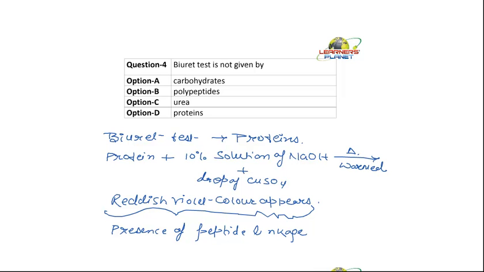Peptide linkages, CONH, right? So wherever the CONH linkage is present, it gives Biuret test.